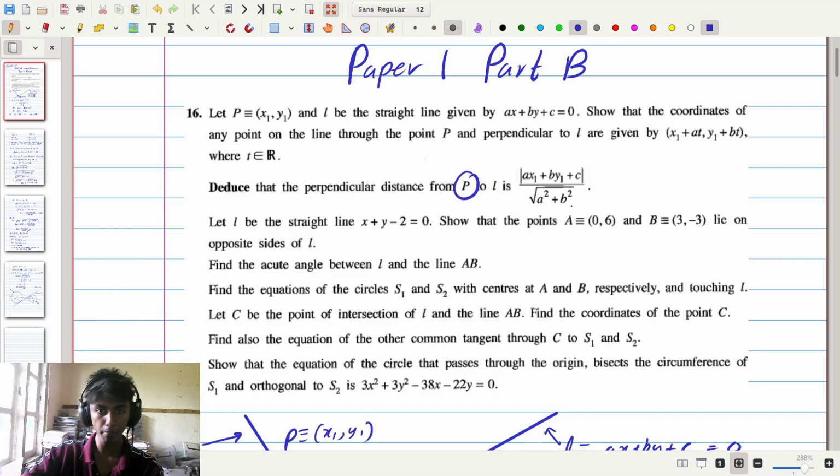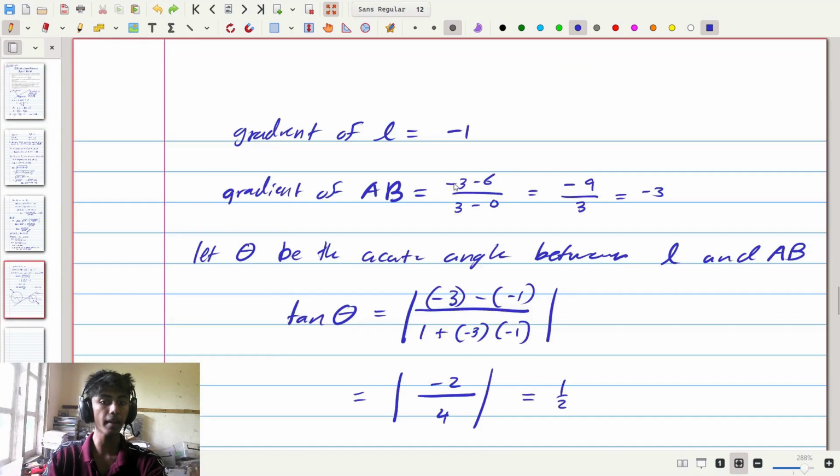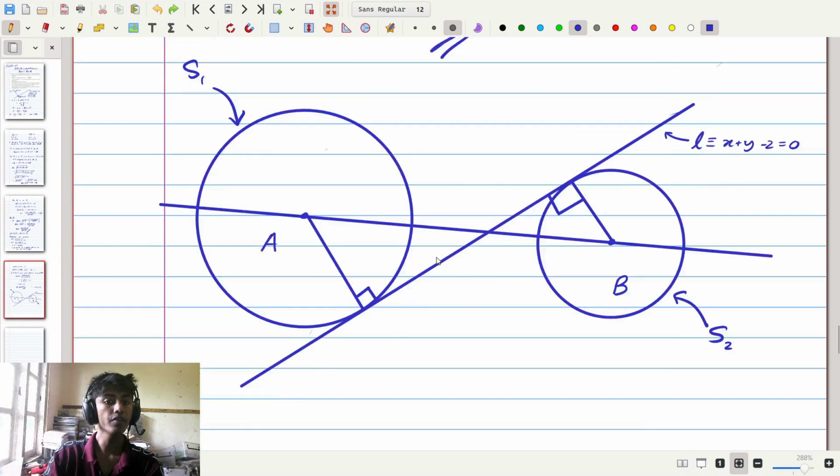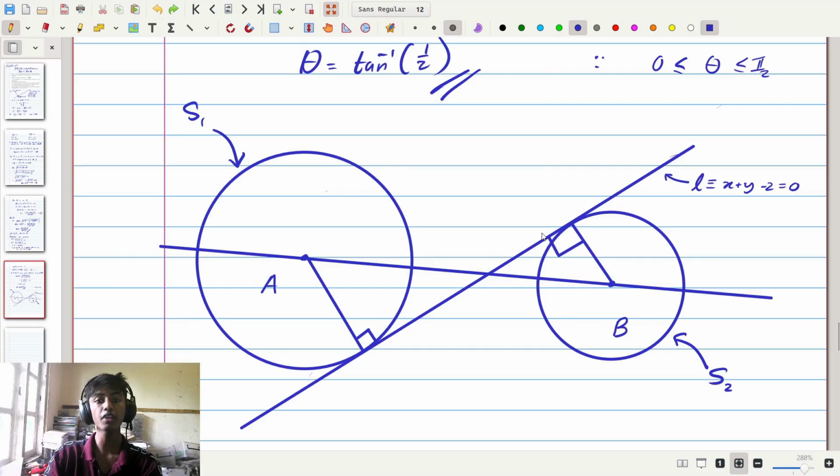For any point P given by x1, y1, the perpendicular distance of that point P from the line L is the modulus of ax1 plus by1 plus c divided by the square root of a squared plus b squared. We can apply that same principle to the 2 points A and B, and therefore we can find the radius of the circle S1 and the radius of the circle S2.